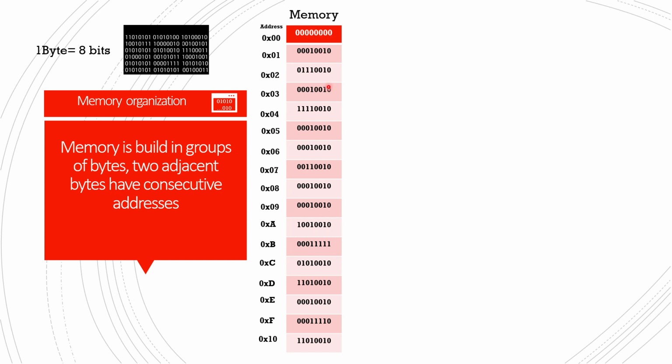They're all consecutive, store no more than 8 bits, and as you can see, after we reach the number 9, we start counting 10, 11, 12 by using the first letters of the alphabet, A to F. And in hexadecimal, this is the maximum value that a single digit can have.